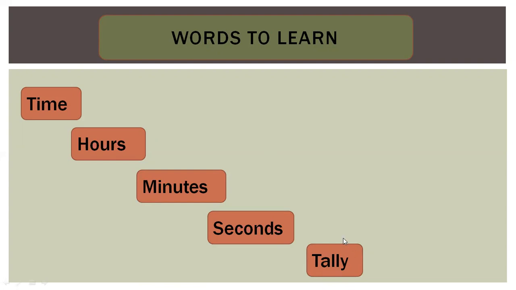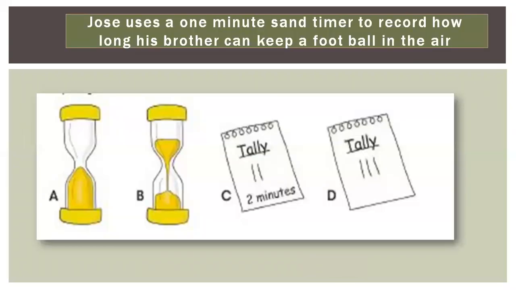So, what are these? These all are units of time. With the help of these, we can measure the time. We are going to discuss it one by one. First of all, see on your page and see the first picture.